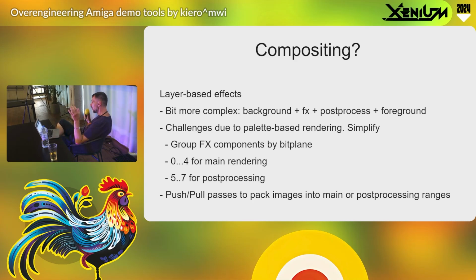So most of the effects were split into bit planes, where you had 5 bit planes dedicated to the effect and just 3 bit planes to some overlays and so on.